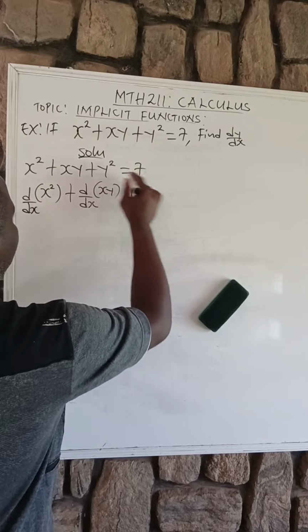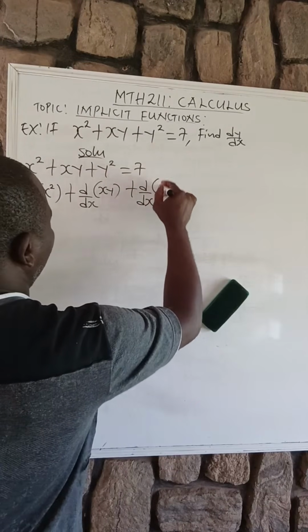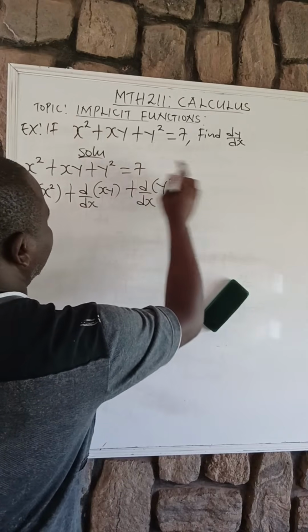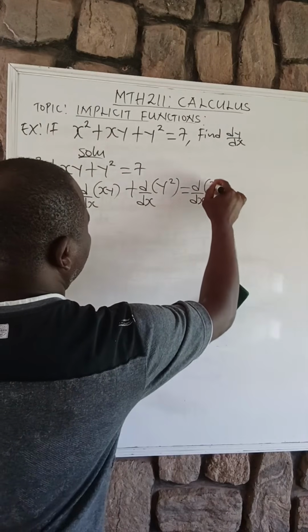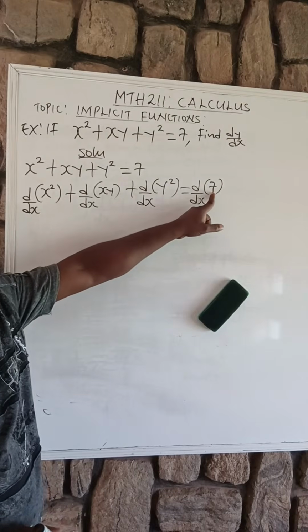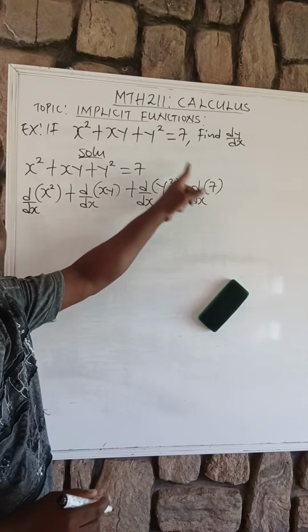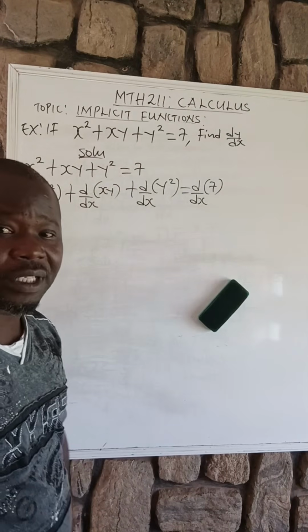Then plus d all over dx of y squared, close the bracket. Equals d all over dx of 7. Can you see now? Already we know that this is 0.